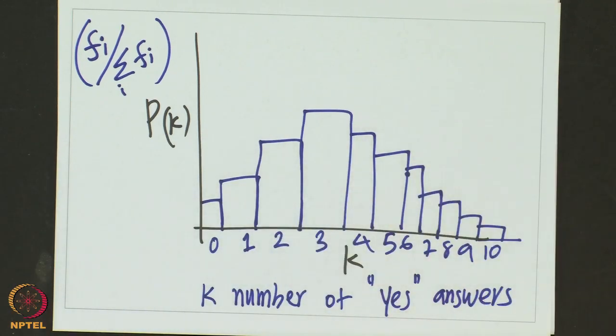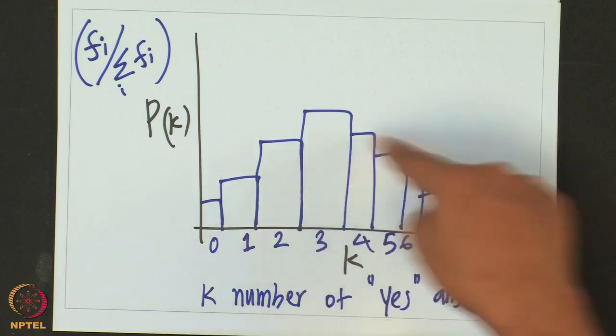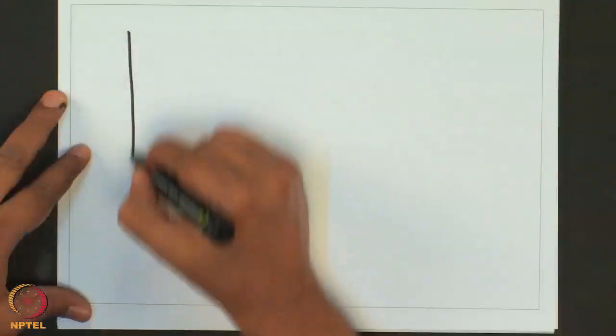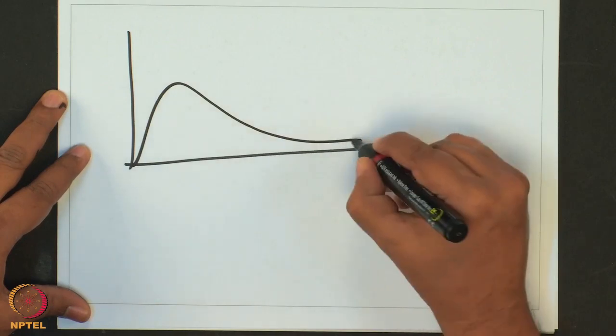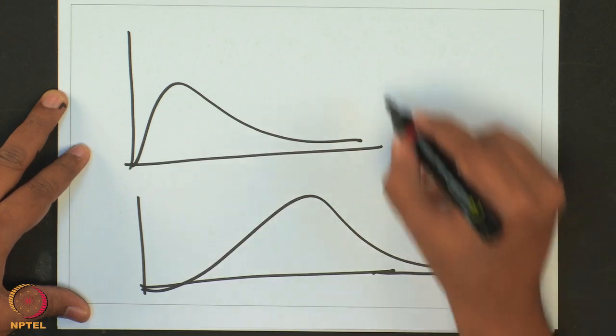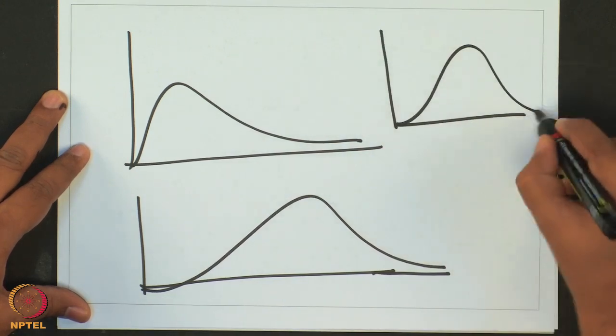So this kind of plot we can plot, and you would get a plot like this. How many times we got k yes answers from a population if you repeat this many times. So that gives us P of k, and the plot of P of k would depend on how biased it is. You could think of a P of k like this, or like this, or like this.